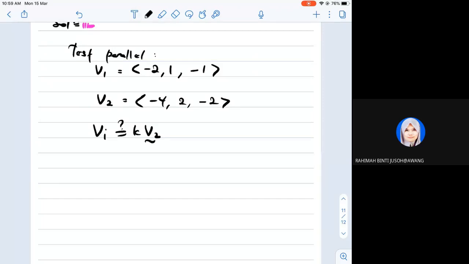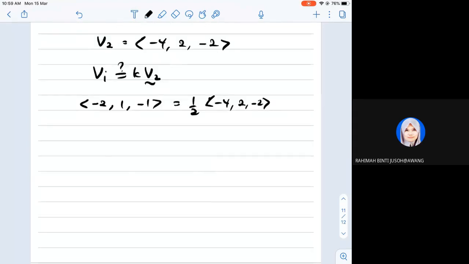Is there a value? 2 or 1/2? 1/2. Negative 1 is equivalent to 1/2 of negative 4, 2 and negative 2. So parallel or not parallel? Parallel. Yes, parallel. So this question does not need the intersect test. The answer is just parallel.